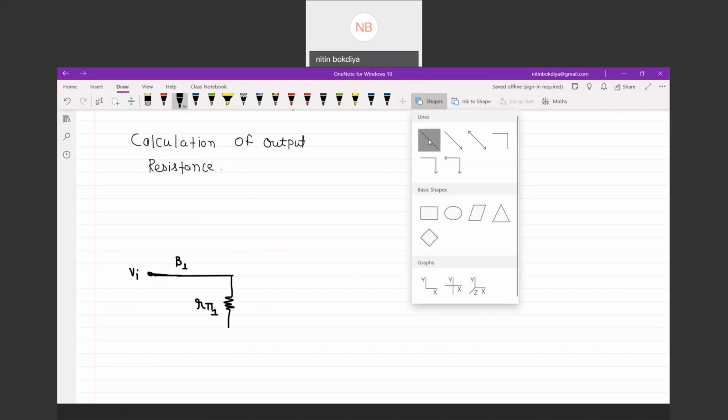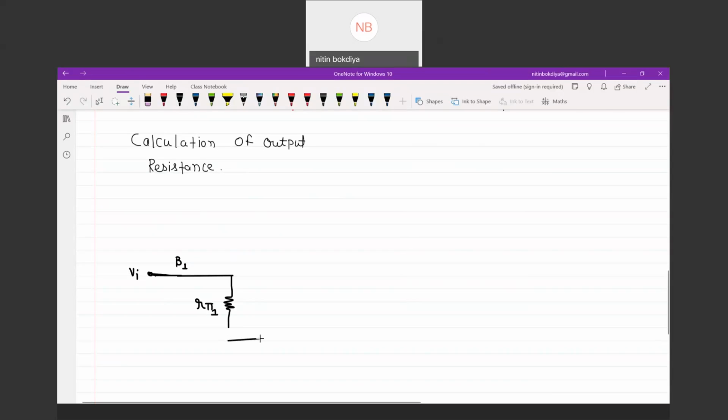Then we are having one base. This is GM1 into Vi.